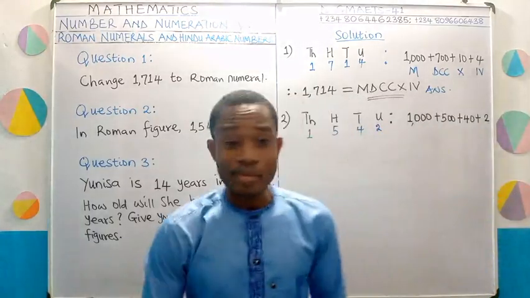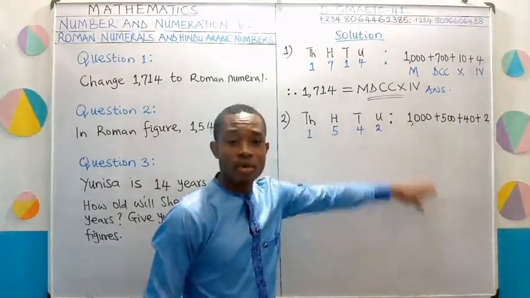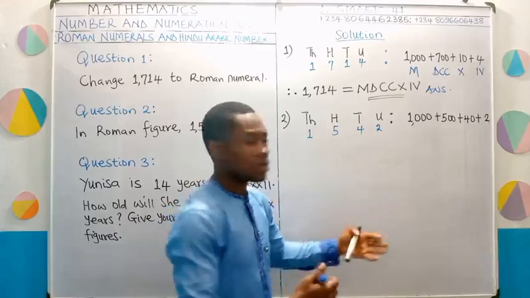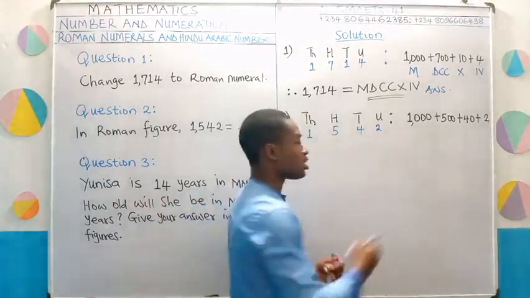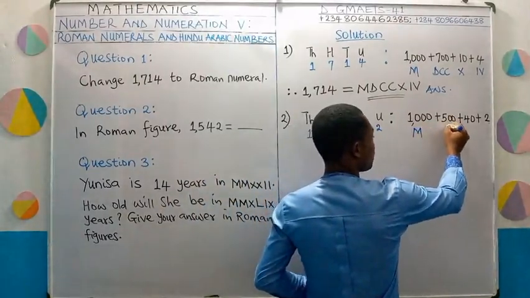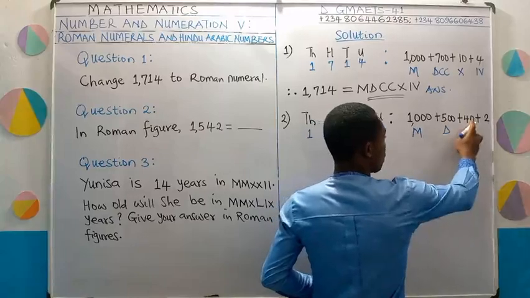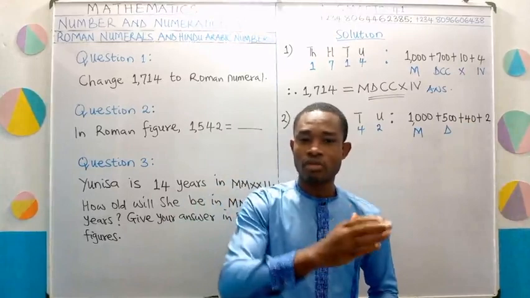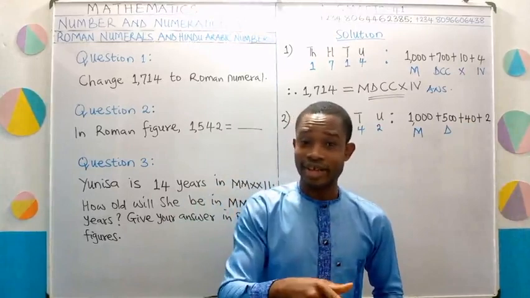What next? Remember, we want to get this answer in Roman figures. So we are now going to fix in the Roman figure for these numbers. 1000, once again, is M. 500 is D. 40. How do you get 40? You get 40 from 50 and 10.